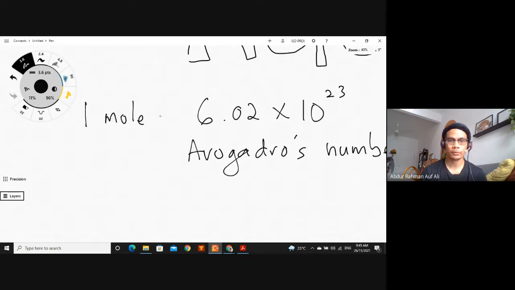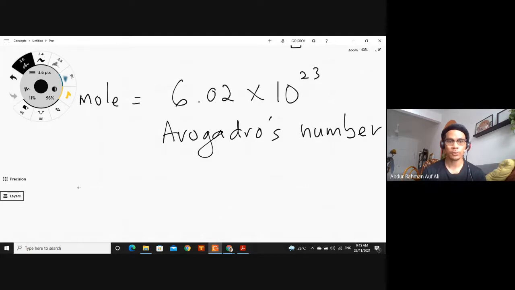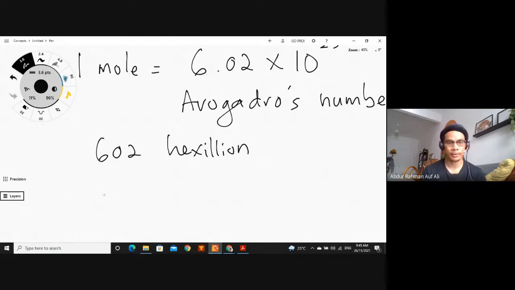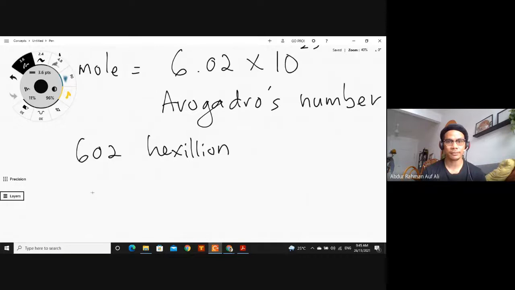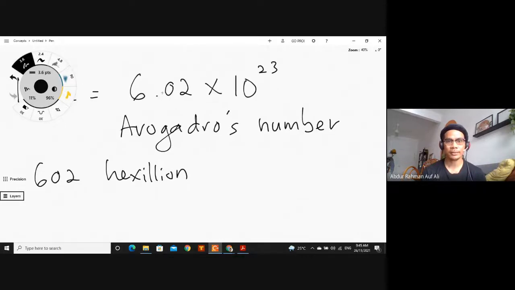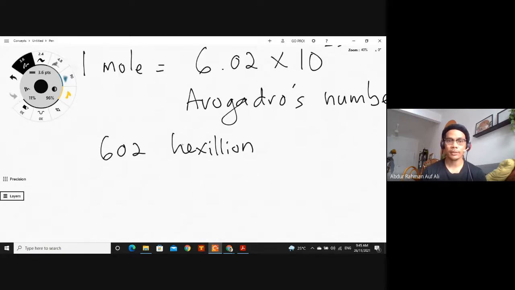6.02 darab 10 kuasa 23, which is also 602 hexillion. A very big number. Ataupun kalau kamu nak imagine lagi berapa besarnya this number, kamu boleh expand this scientific notation. So titik perpuluhan ni, because dia 10 darab dengan 10 kuasa 23, so titik perpuluhan ni akan go expand to the right sebanyak 23 kali.